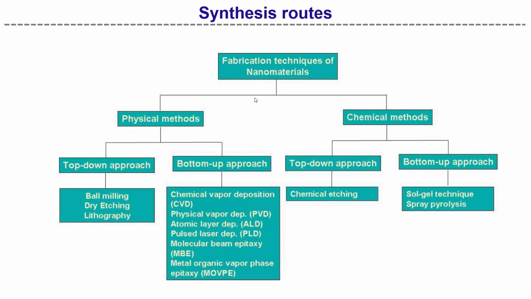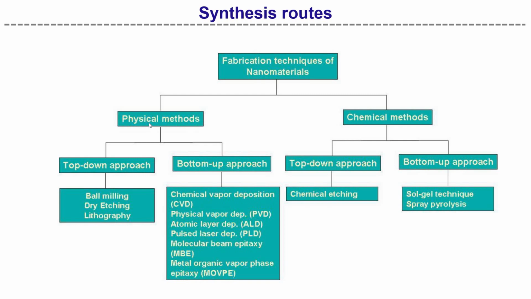Now we are going to focus on that. There are various synthesis routes or techniques to develop nanomaterials. I have only enlisted two methods. There are other methods as well, like biological and mechanical methods, but we are not going to focus on those. We are taking interest in the physical method and the chemical method.